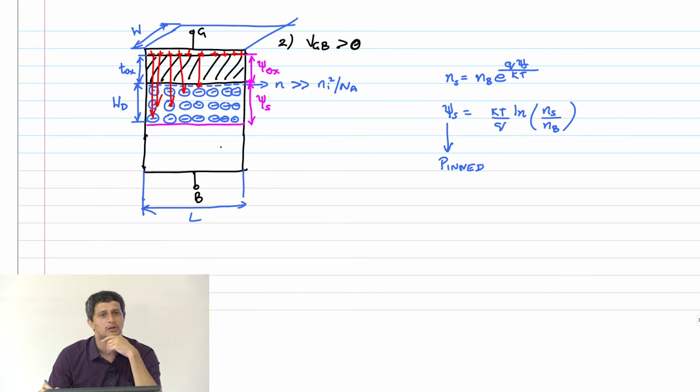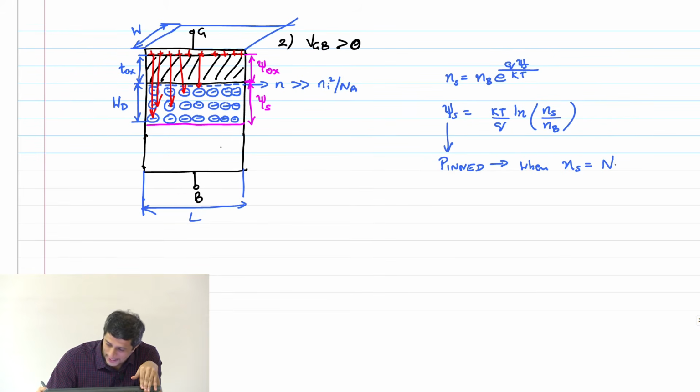When does that happen? It turns out that this happens when the surface electron concentration is as much as the hole concentration in the bulk. So when it gets pinned, when Ns is equal to Na.